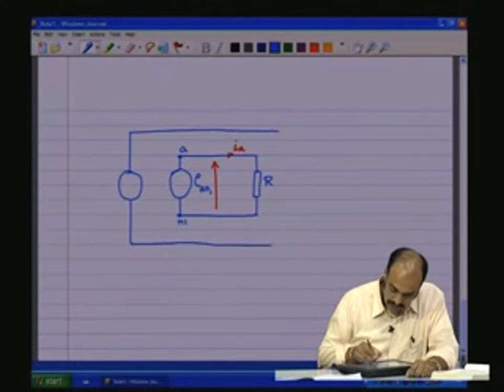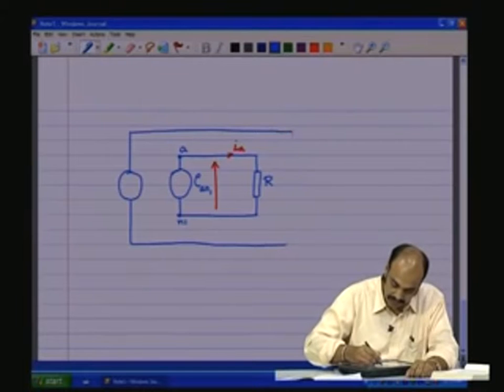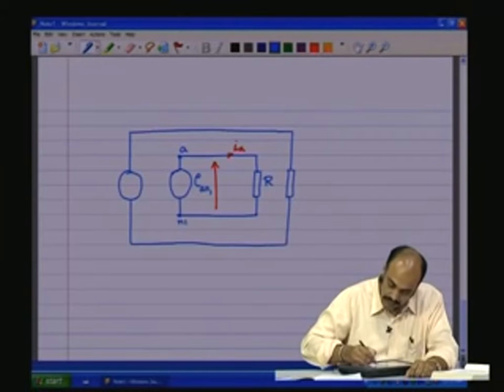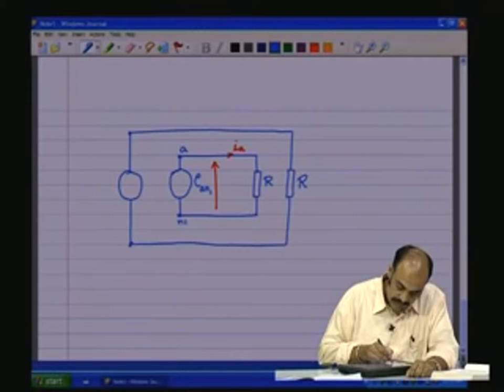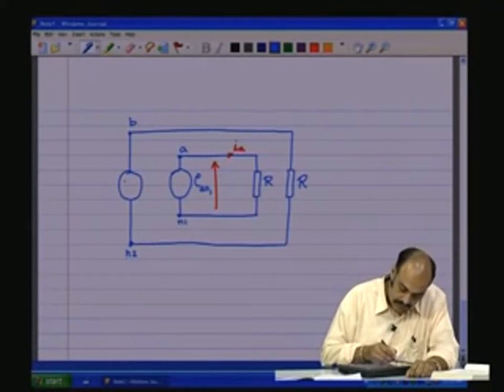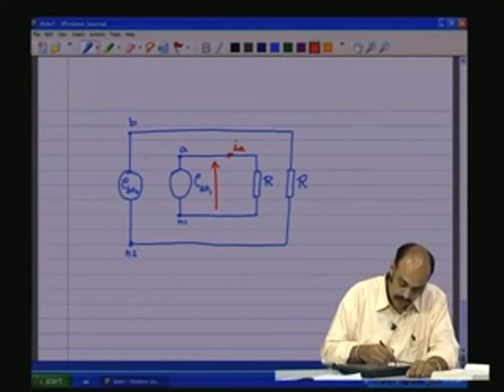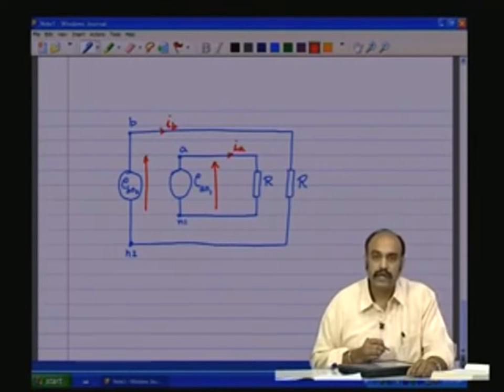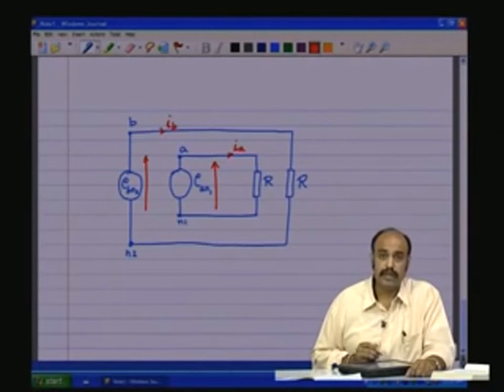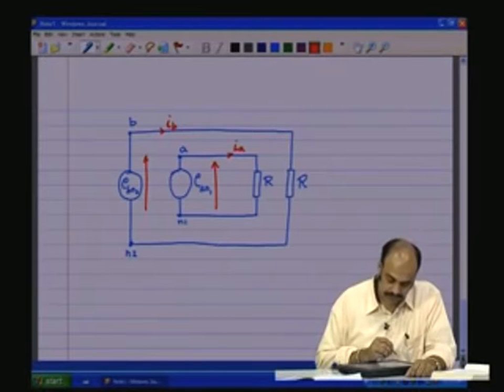Electrically, they do not have anything in common except that I am putting one within the other, and that is also having the same resistor R, and let me call those terminals B and N2, and this is EBN2, which also has a potential like that, and it has a current IB, which takes this path along this resistor to N2 back again to the other terminal of the source. That is also an AC source.